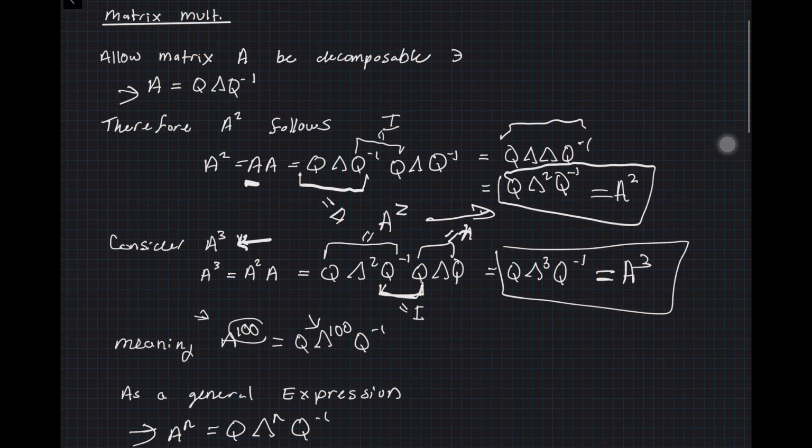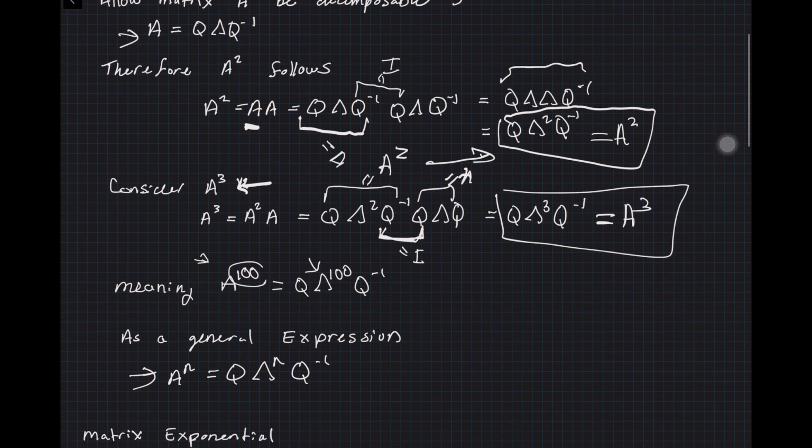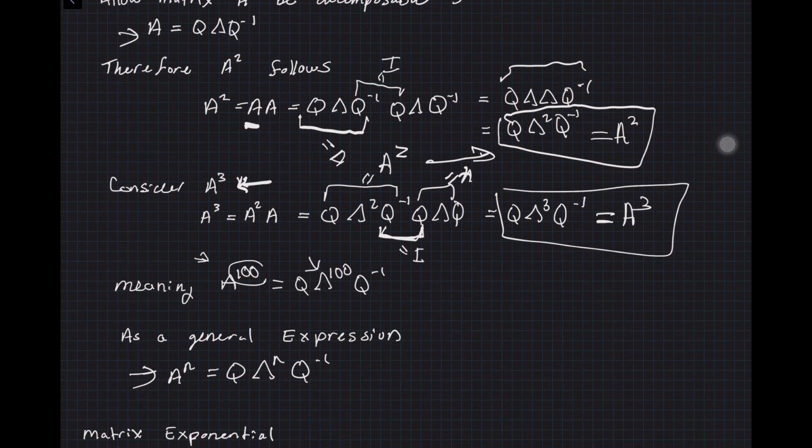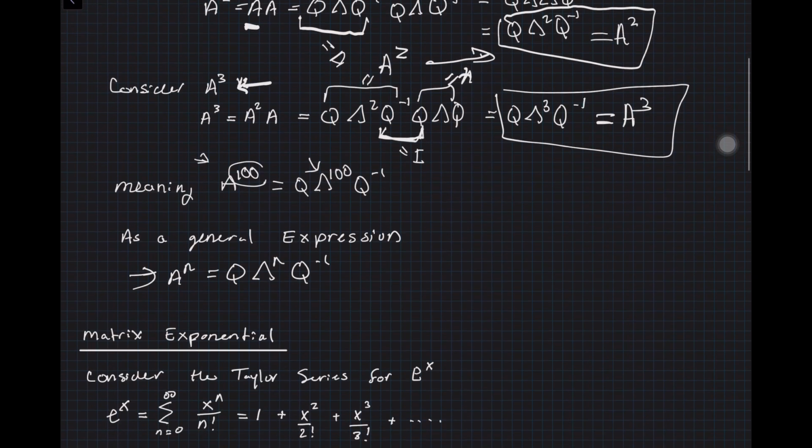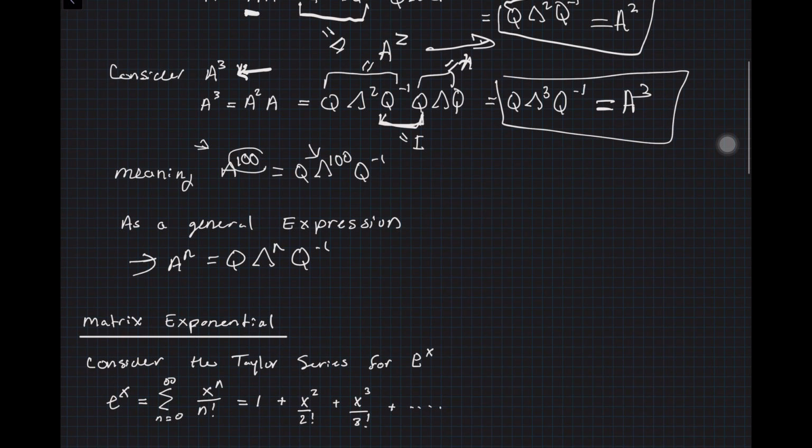So that's one application. And then another thing would be finding the matrix exponential of a matrix. So let's consider the Taylor series for e to the x. If you don't know where this comes from, you can look it up in a book, but let's just say you know that e to the x can be represented by the Taylor series.